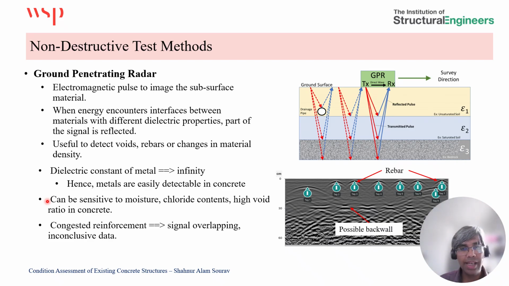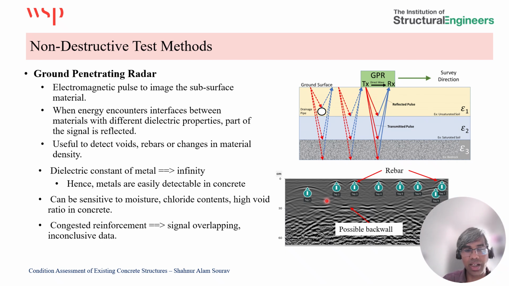In most cases, when doing GPR on reinforcement, we can see this type of parabolic shape when the GPR signal interacts with the reinforcement, because the reinforcement has sort of infinite dielectric properties.